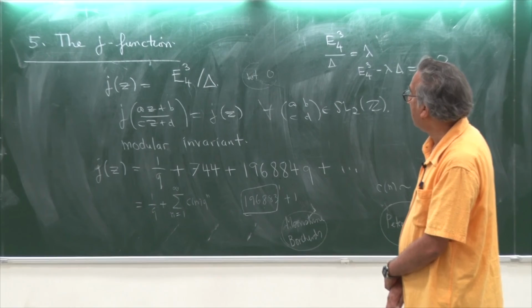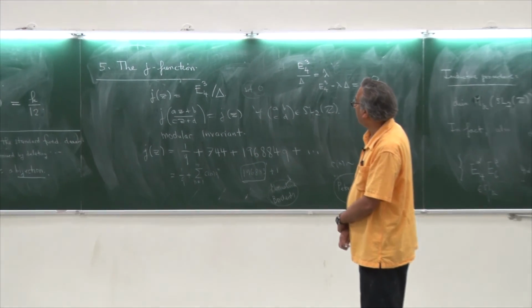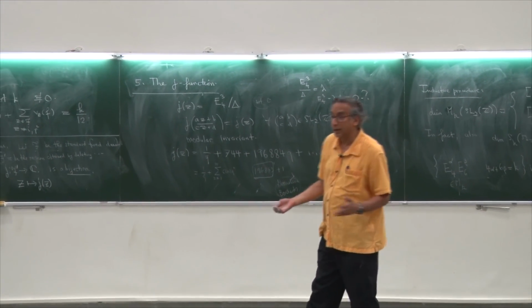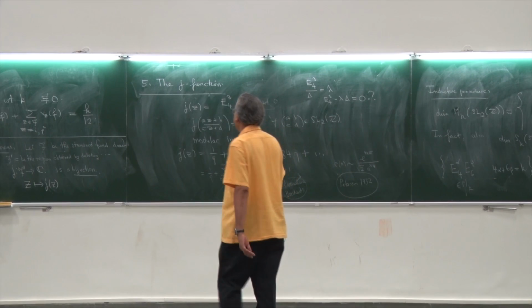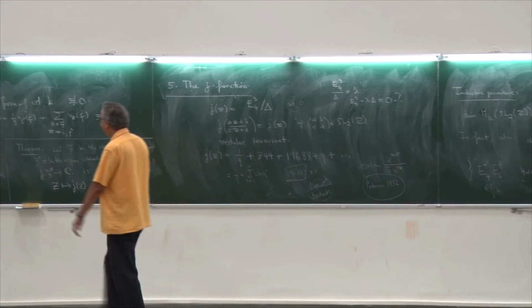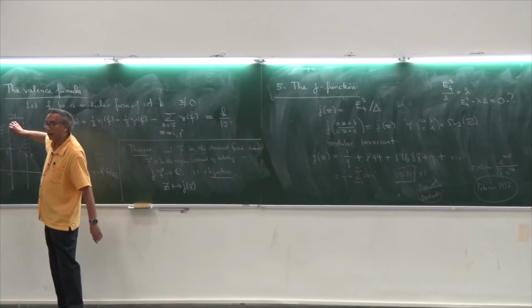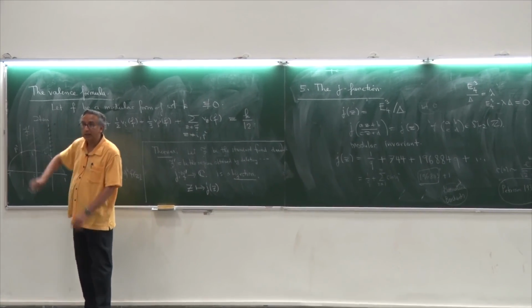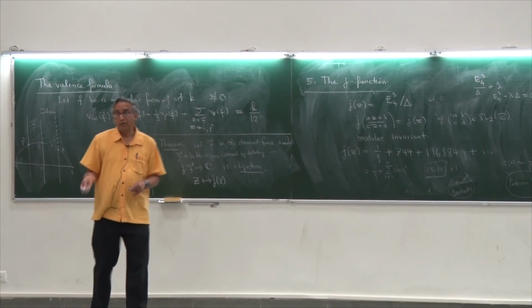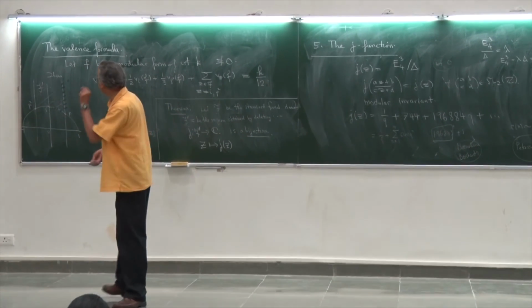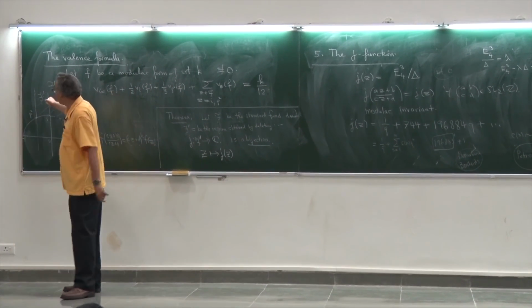It turns out that the fundamental domain parametrizes all elliptic curves, and for each Z in the fundamental domain you can construct what's called an elliptic curve, and conversely, if you have an elliptic curve over the complex numbers, there's a unique point in the fundamental domain that it corresponds to.